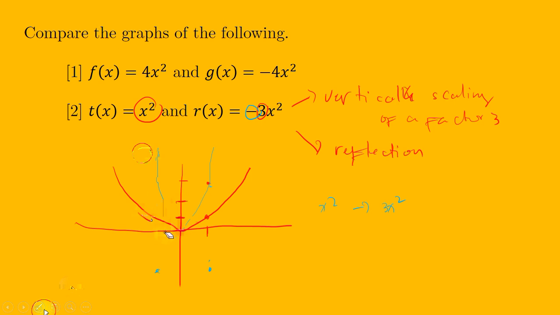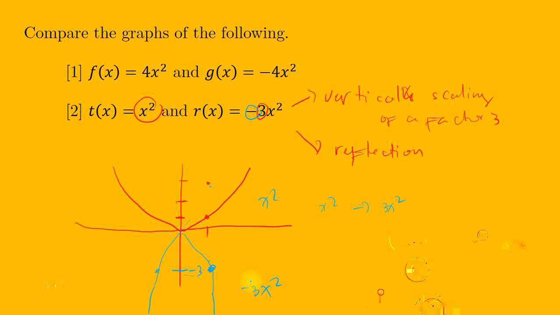So how do we state that? I'm just going to change that into another statement. x squared is vertically scaled by a factor of 3 and reflected along the x-axis to obtain what?